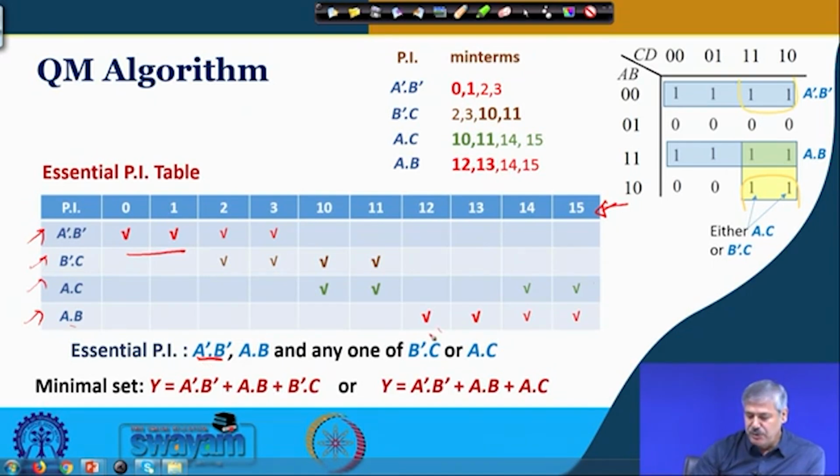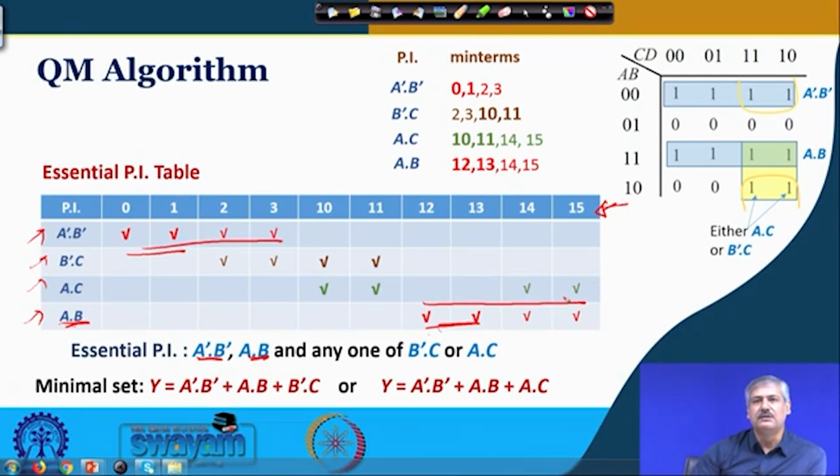The same way 12 and 13, okay, are covered only by AB and not by any other prime implicant. So, AB is also an essential prime implicant.